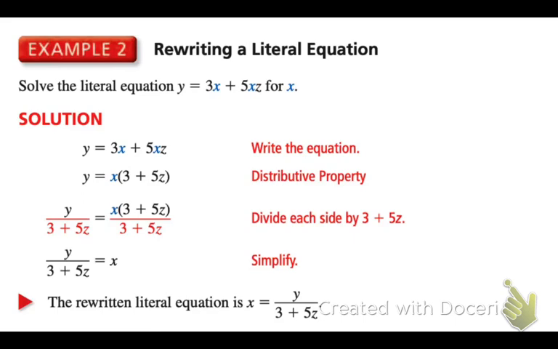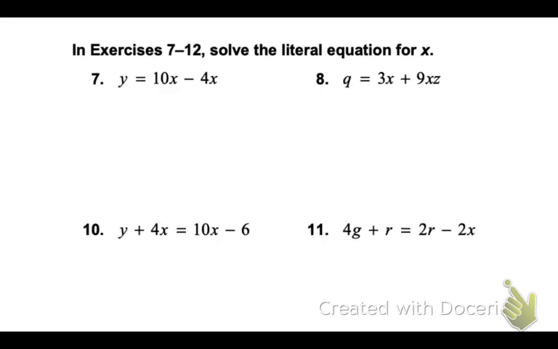If we factored that out, we could take 3x divided by x and get 3, and take 5xz and divide by x and get 5z. That's what's left. Then you want to divide both sides by the expression 3 plus 5z, and that'll leave x by itself. So we'll get a chance to try some like this.